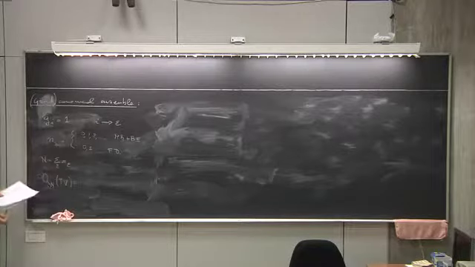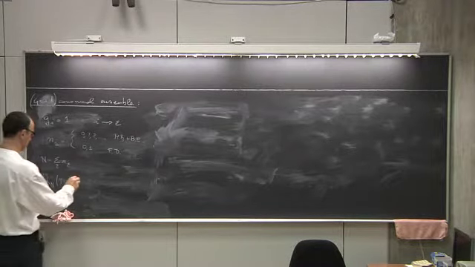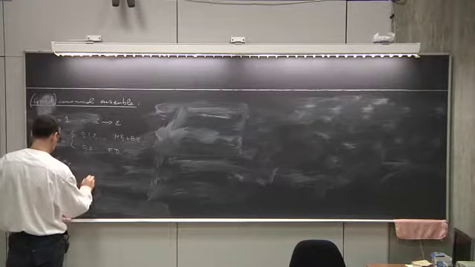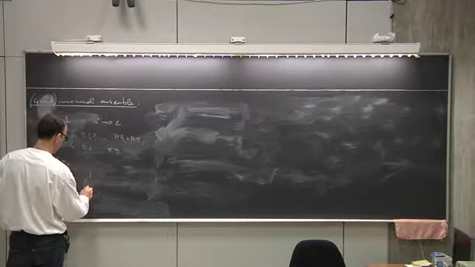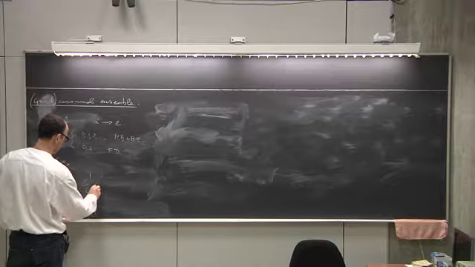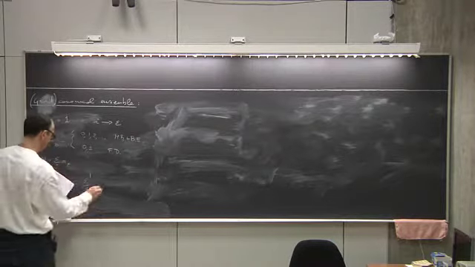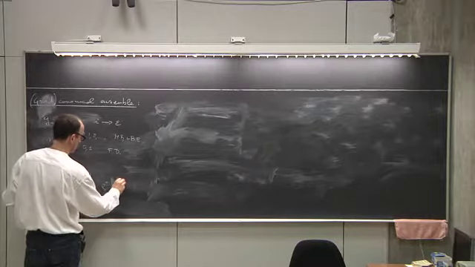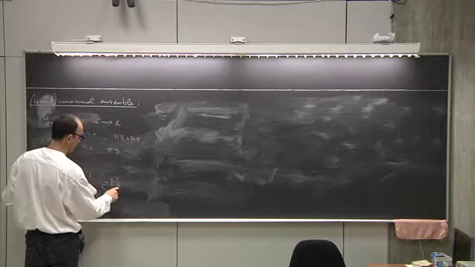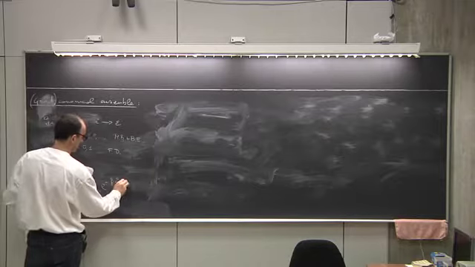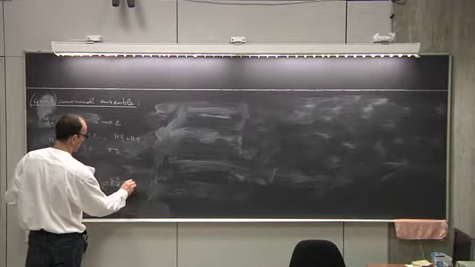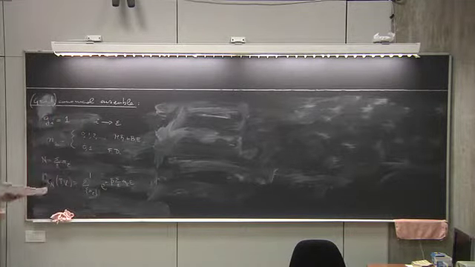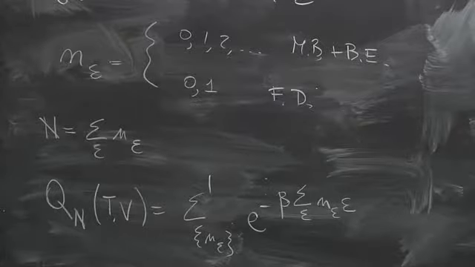So the partition function will be exactly the sum over all these occupation numbers of e to the minus beta times the energy, and the energy will just be the sum over all energy levels of n epsilon times the energy of that level.